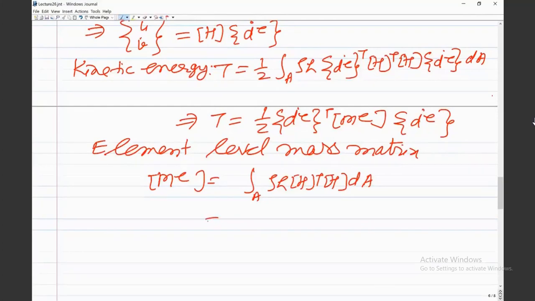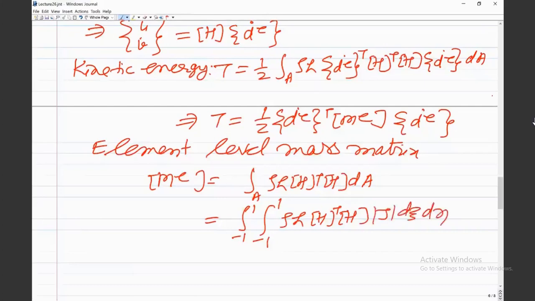Because we are dealing with natural coordinates, the area integral can be split into a double integral from -1 to +1, -1 to +1, rho h into H transpose into H into determinant of J into d xi d eta.